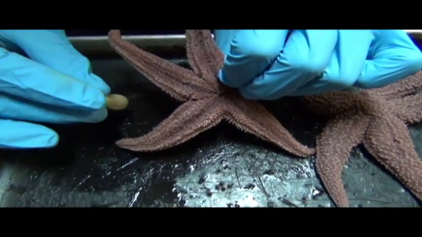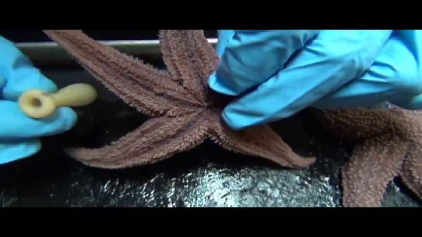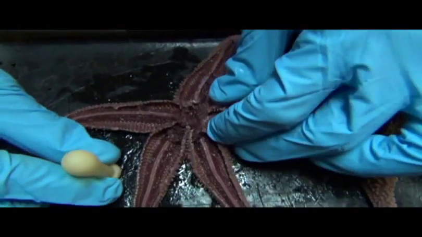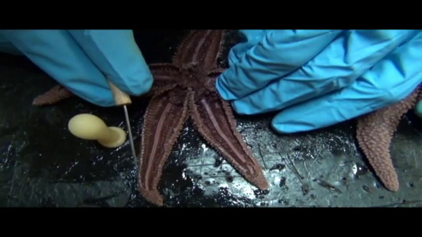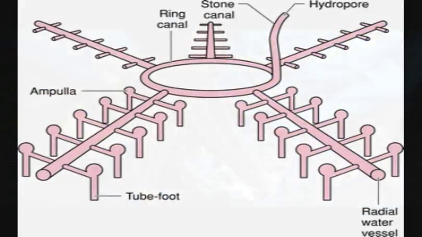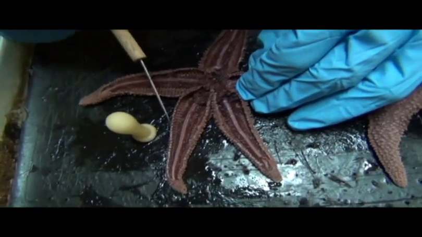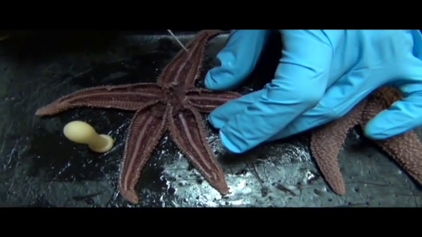Okay, now the suckers wouldn't have a hole in here. Imagine this being a flat surface, but each tube foot is associated with the bulb on the other end. Okay, and each bulb is connected to a mini pipe that connects to the central main plumbing, or main pipe. Okay, and each main pipe is connected to the ring canal, and then the ring canal is connected to the madreporite.